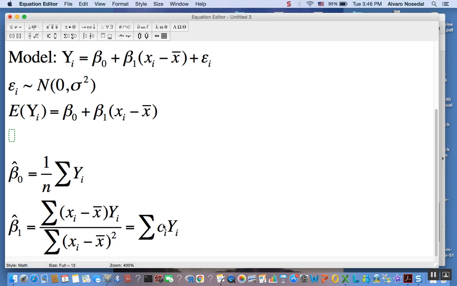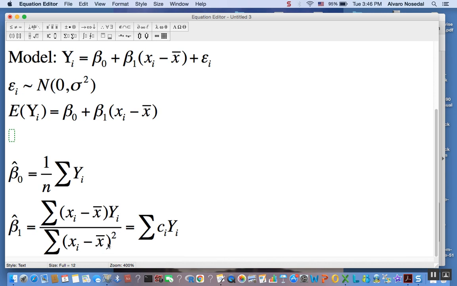And these ci's, these coefficients that multiply the ith response variable, that ci is going to be given by xi minus x bar divided by Sxx.